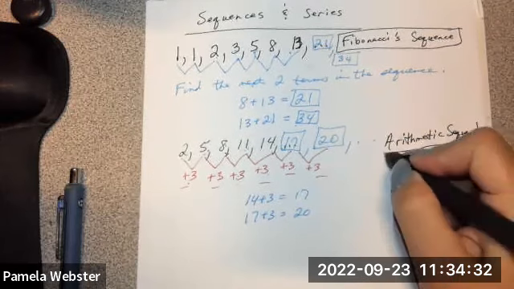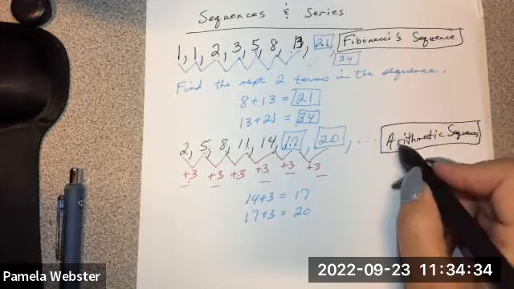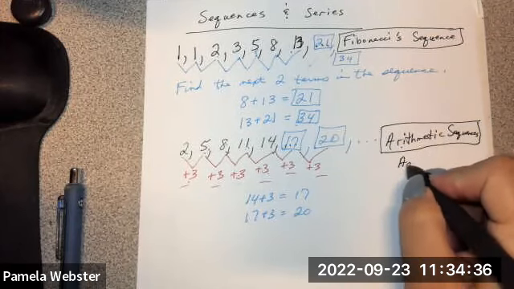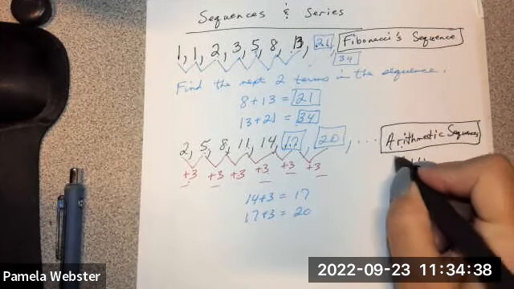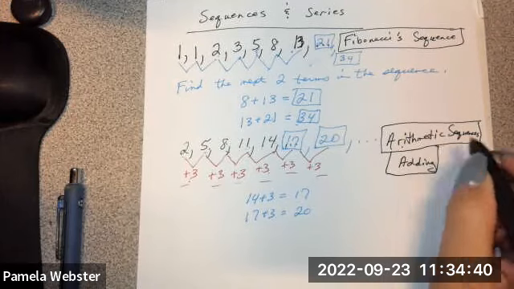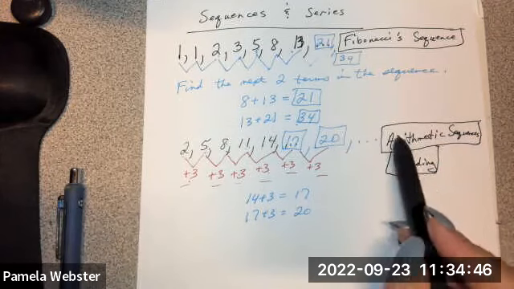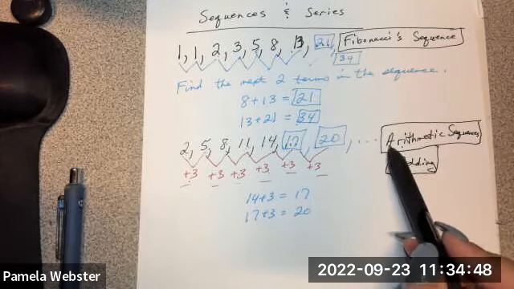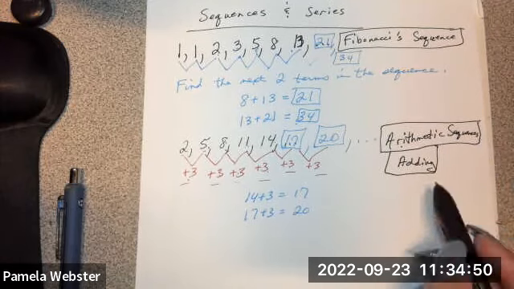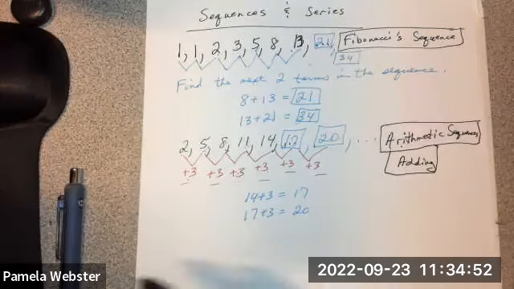Keep that in mind because arithmetic involves adding. For some reason, when we talk about sequences, we put the emphasis on the wrong syllable: arithmetic is the way they say that. So these have to do with adding.